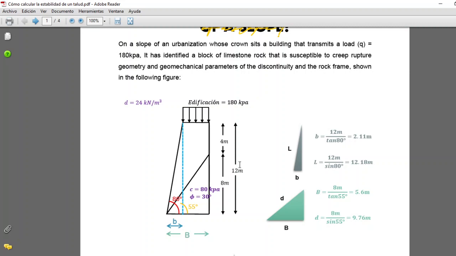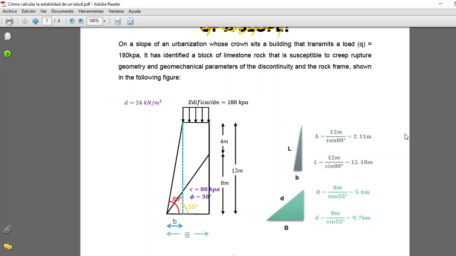The first step is that we will use the trigonometric functions to know the distances L, B, T, and B. We need to divide into triangles. In the first, we need to calculate this distance L and B, and we solve it in the next form.